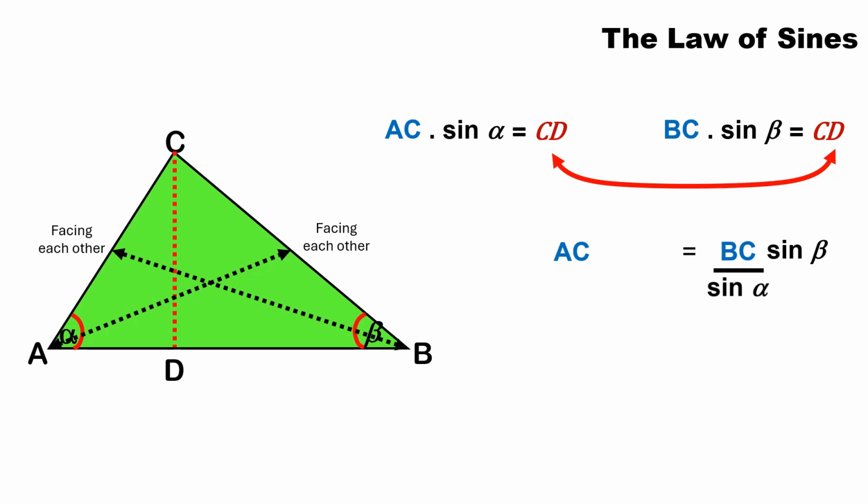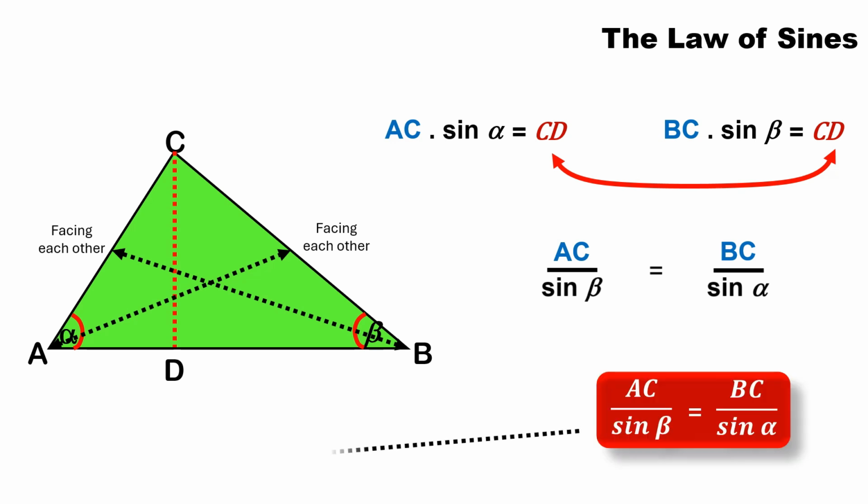And finally, we obtain one form of comparison: AC over sine beta is equal to BC over sine alpha. We set this as the first equation.